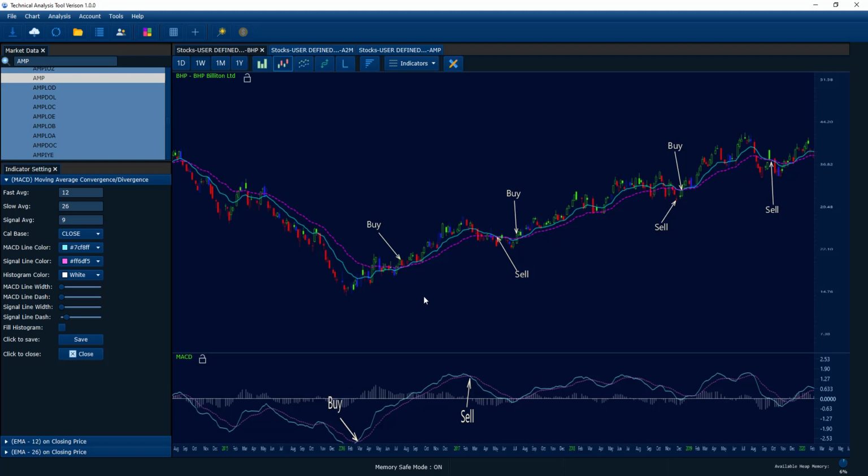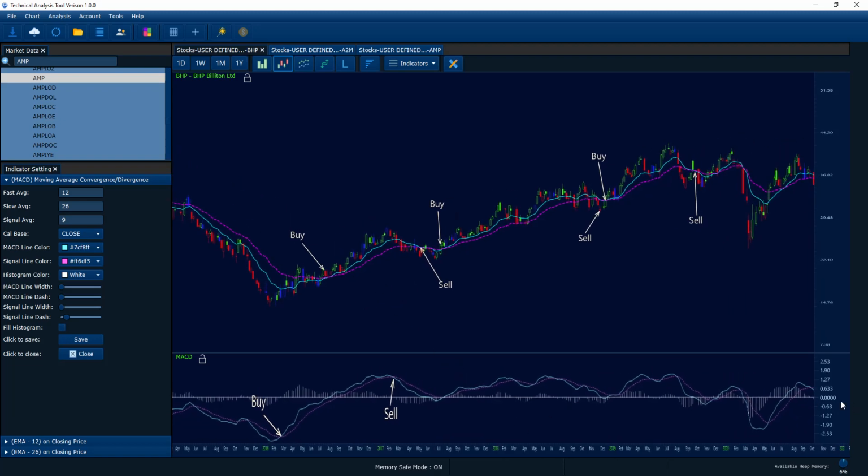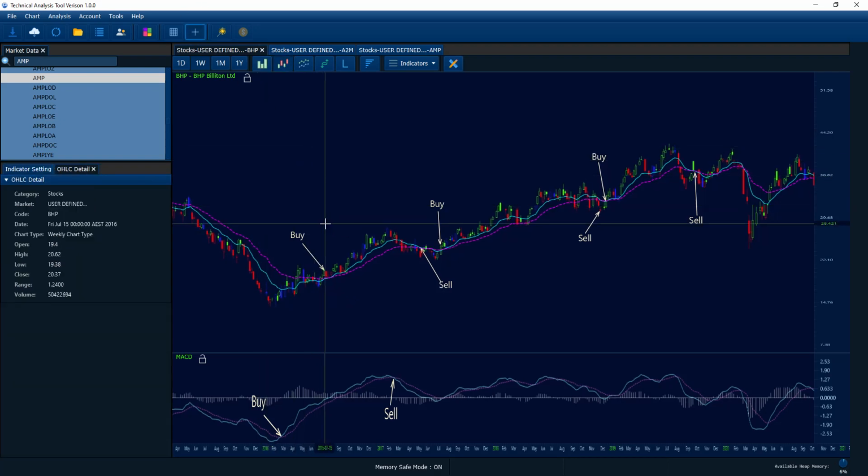Now look at the MACD line. As you can see, when the faster EMA moves above the slower EMA, meanwhile the blue MACD line itself is crossing from below the zero line to above the zero line.